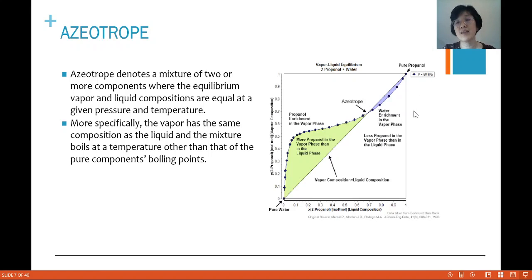What we will get as the top product is the azeotrope with a composition of about 70% propanol and the balance water. In this case, we are not able to use the typical distillation column for the separation, but we have to shift to azeotropic distillation, a more special distillation column, to ensure the separation happens accordingly to get the pure components.